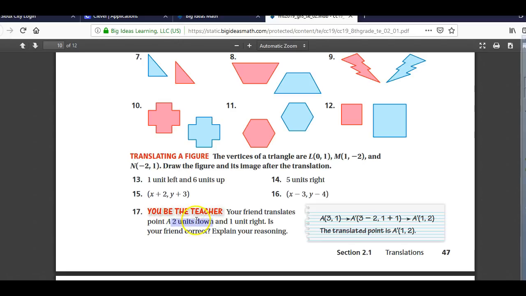So when it says down or up, that's the y coordinate, and they took that as the x coordinate. So oops, we were supposed to subtract 2 from the y, which was the 1, and then add 1, because 1 unit right signifies that that is an x movement. So they were to add 1 with the 3 and subtract 2 with the 1.